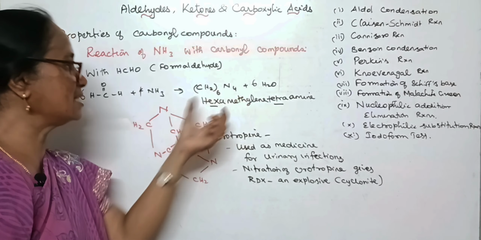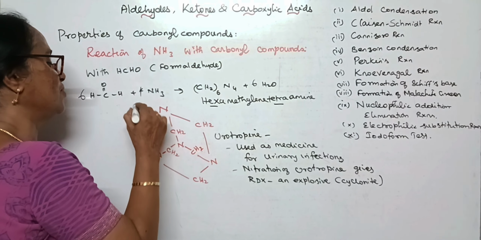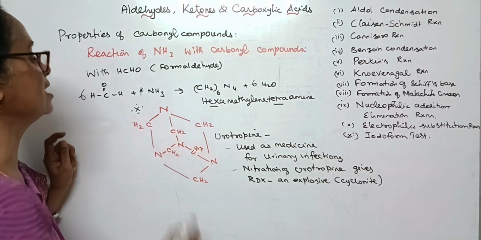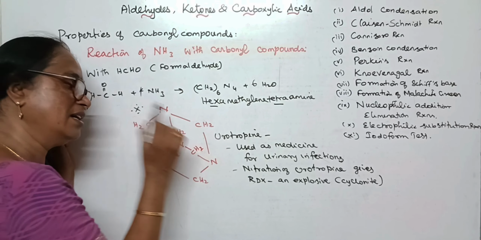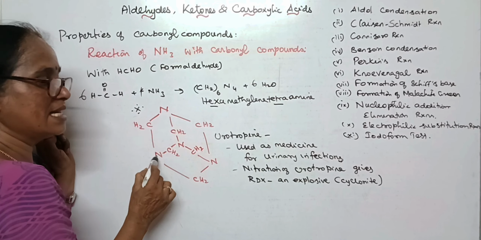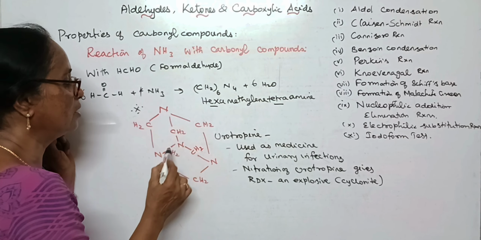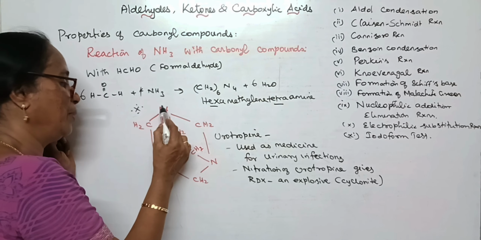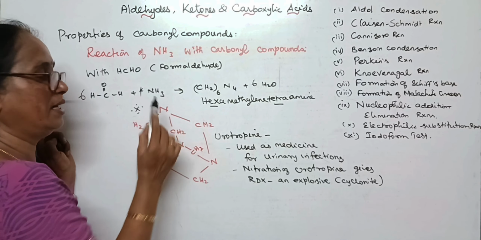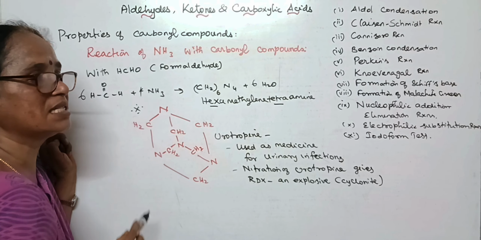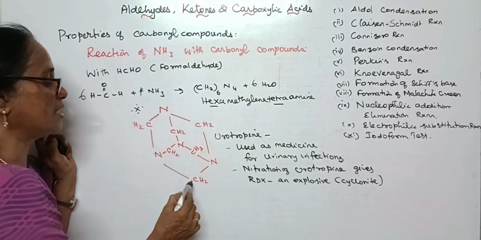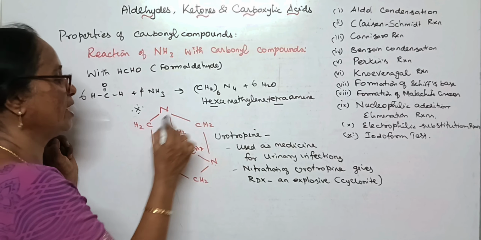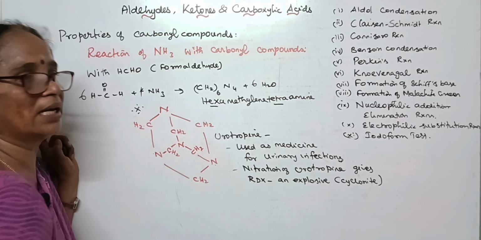And the structure of hexamethylene tetramine is very important. In this, all the 4 nitrogen atoms are linked to other nitrogen atoms through methylene groups only. So between any 2 nitrogens you will find a CH2 group: NCH2, NCH2, NCH2. So it makes a regular hexagonal structure.